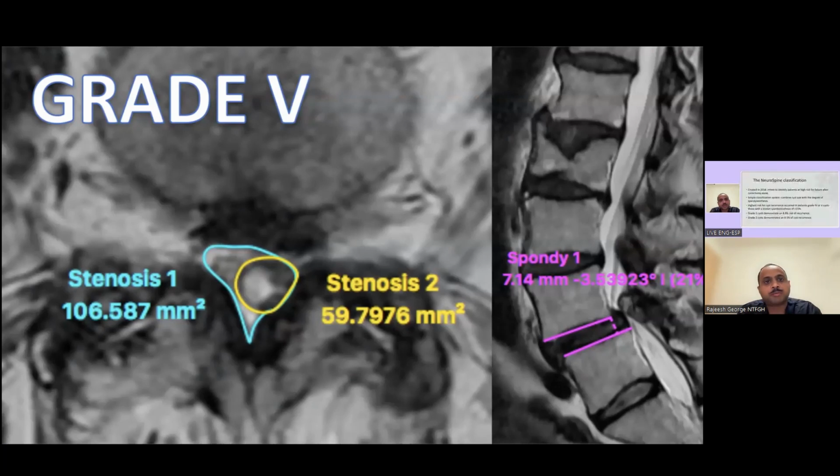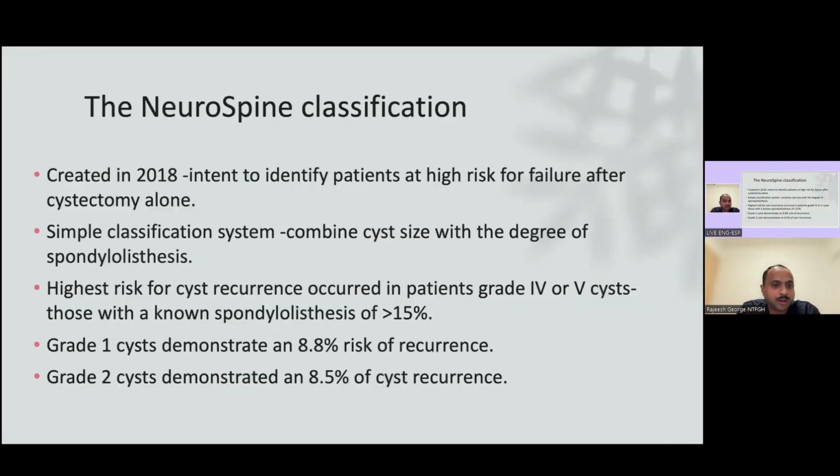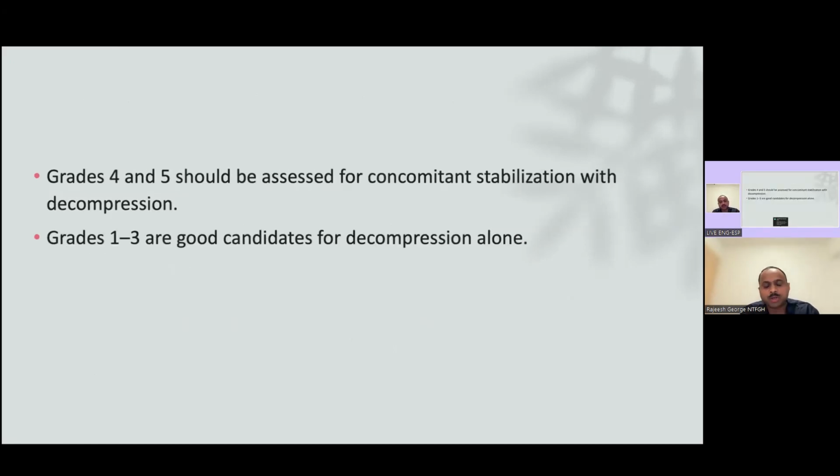In the neurospine classification, the highest risk for cyst recurrence is obviously with grade 4 and grade 5 cysts with a simple decompression. The recommendation was actually that for 4 and 5 there should be a concomitant stabilization. Grade 1 to 3 are good candidates for decompression.